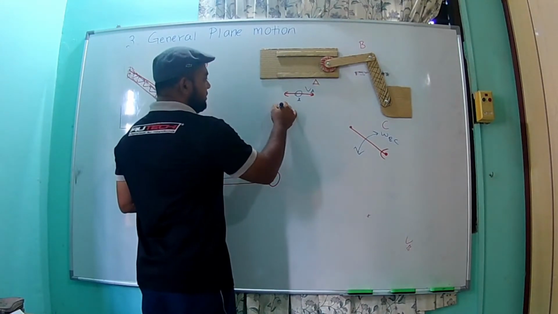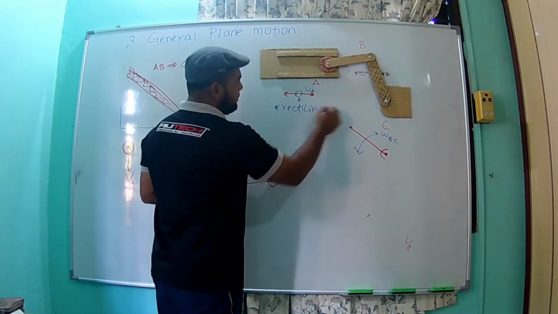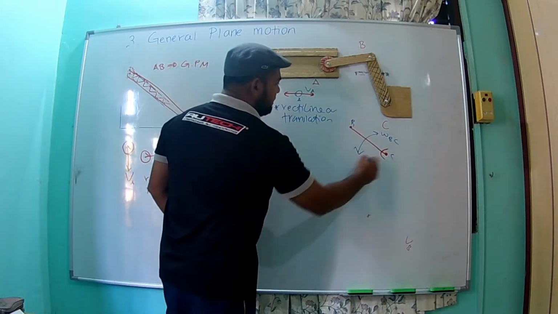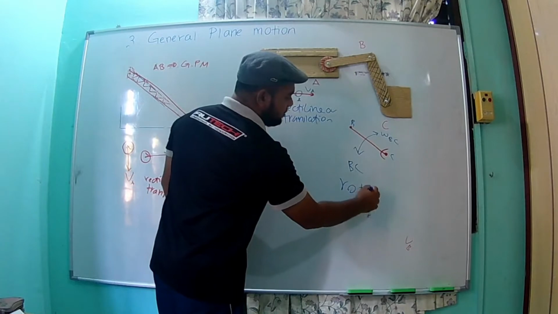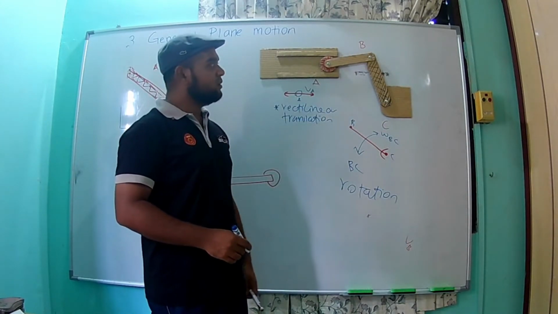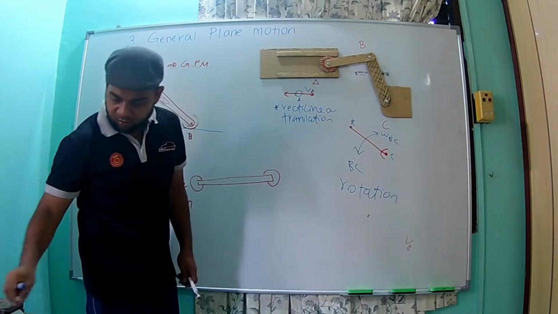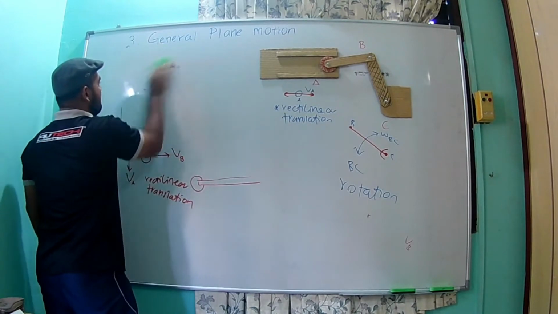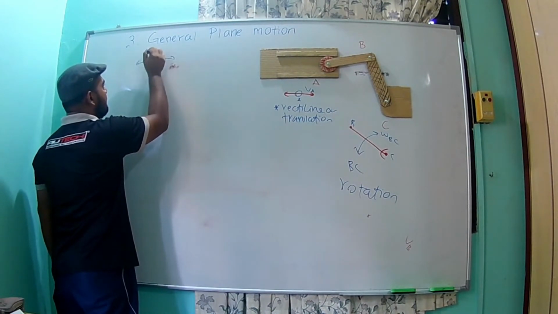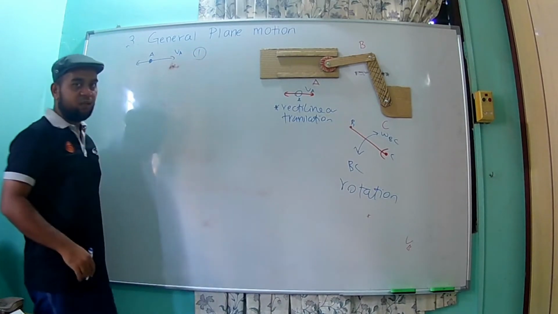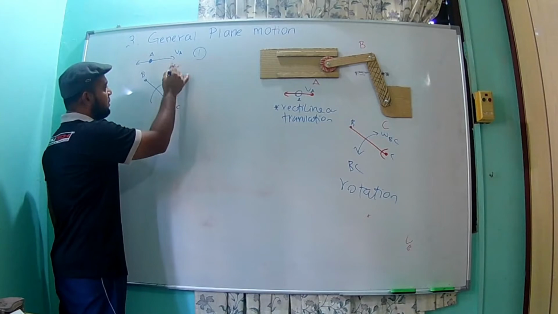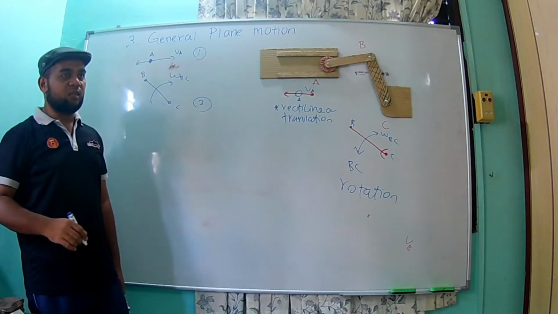So A is rectilinear translation, and BC is rotation about a fixed axis.